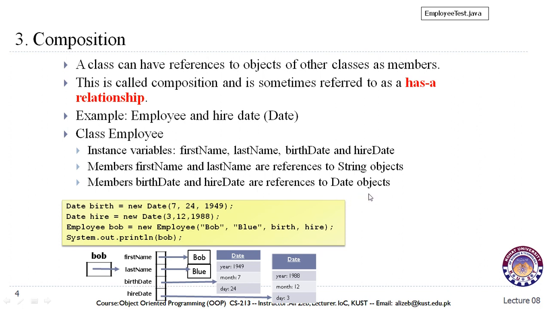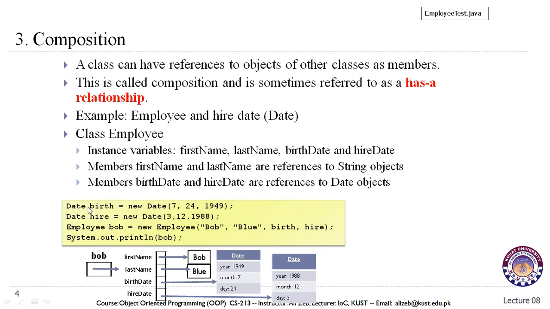We will look at it in the code, but as we can see over here in this graphic, when we create an object of the employee class, we are passing two string values, for example the first name and the last name, and we are passing the objects of the date class to the constructor of the employee class.